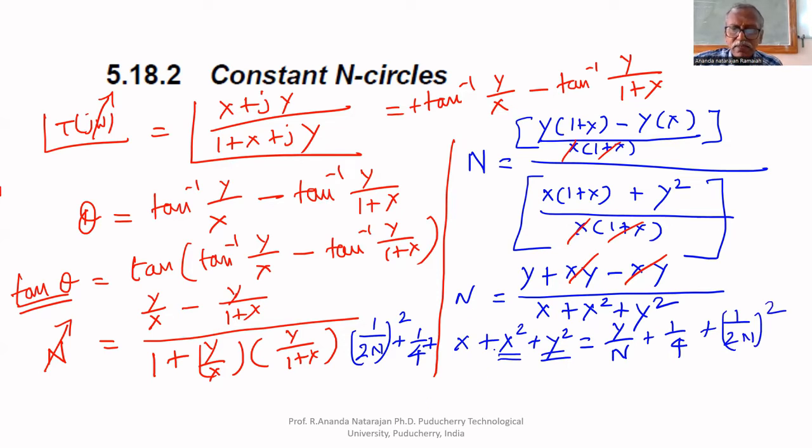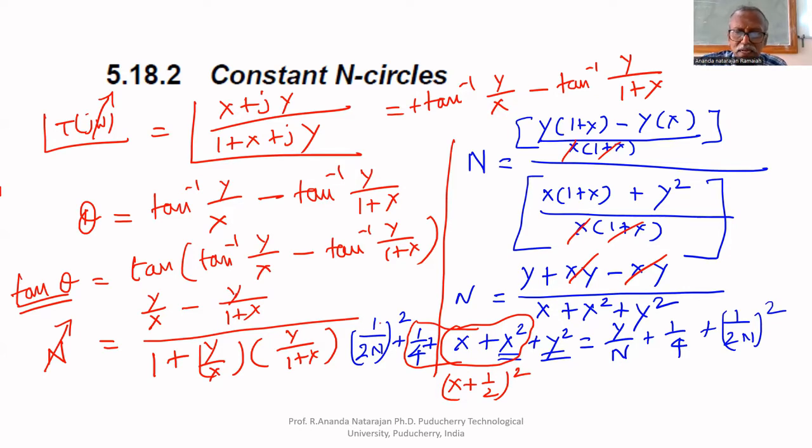So we can write x square is there, x is there, and 1 by 4. If we combine x square and this 1 by 4, what you will get is x plus 1 by 2 whole square. What is x plus 1 by 2 whole square? x square plus 2x by 2, that is x, plus 1 by 4.